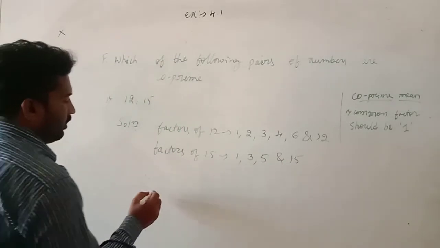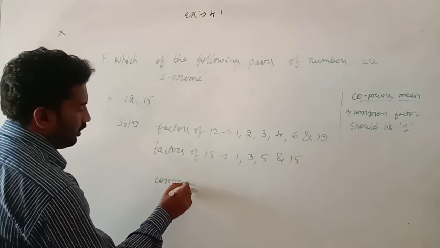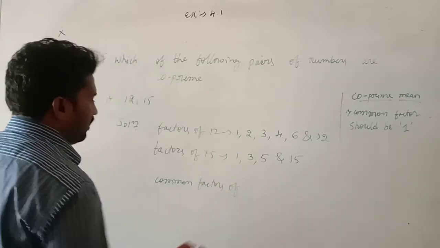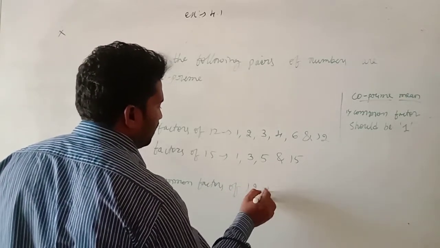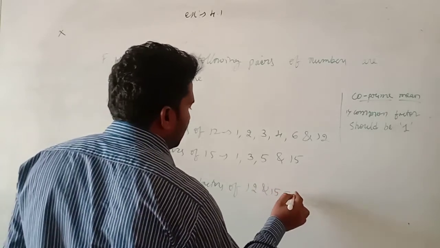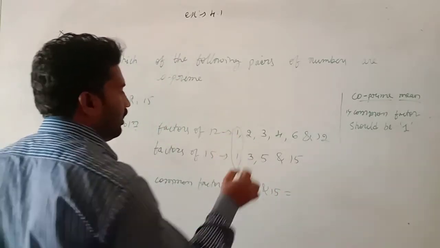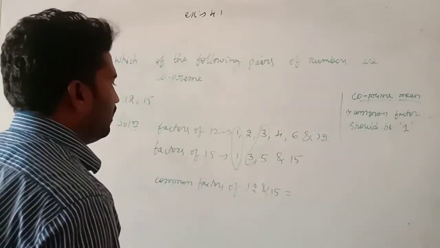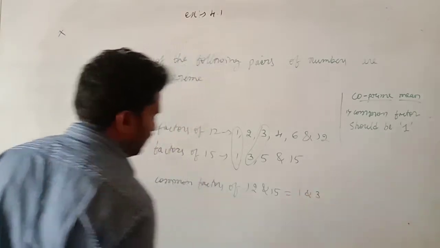So therefore, the common factors of 12 and 15. What are the common factors? 1 and 3. So common factors are 1 and 3.